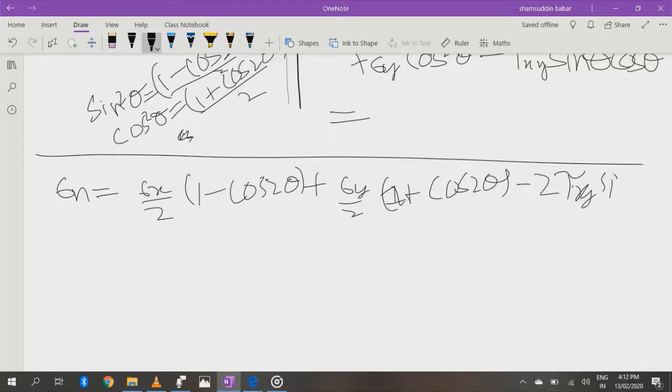I can directly write this as sine 2 theta, because I know 2 sine theta cos theta is equal to sine 2 theta.